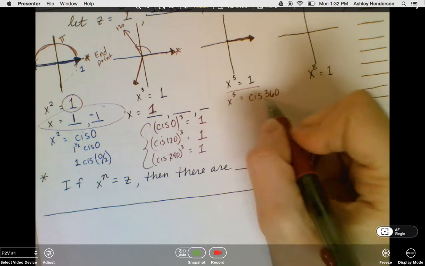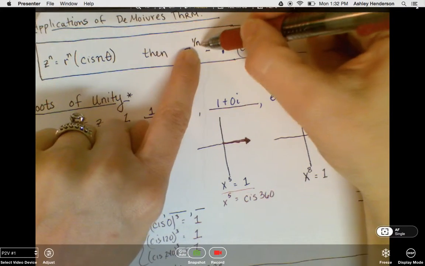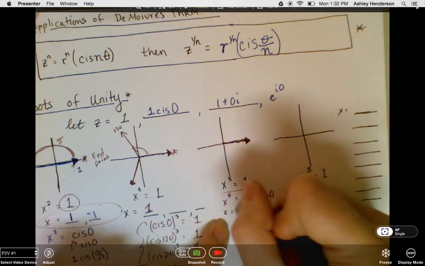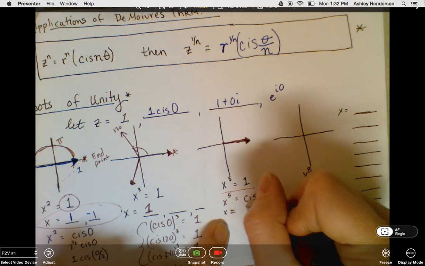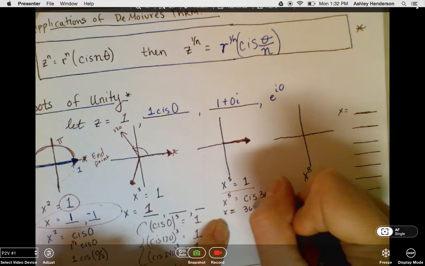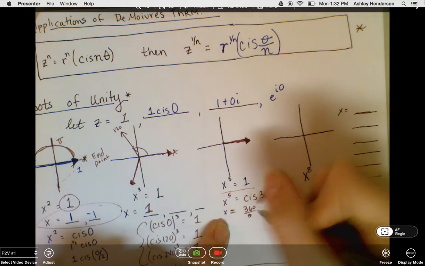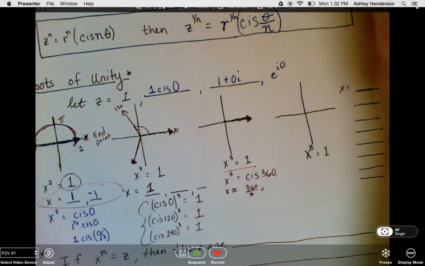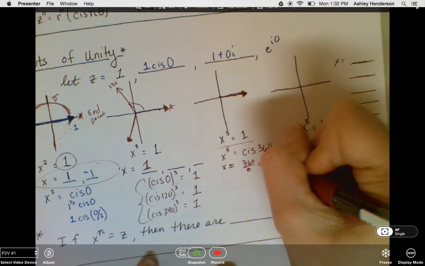Which means I have to break this up into 1 over n, so 360 over n, or 360 over 5, is 72. Okay, so that's just a little scratch work there.